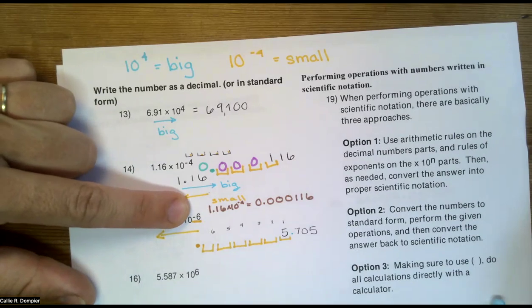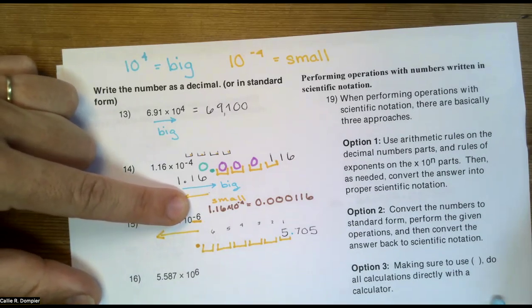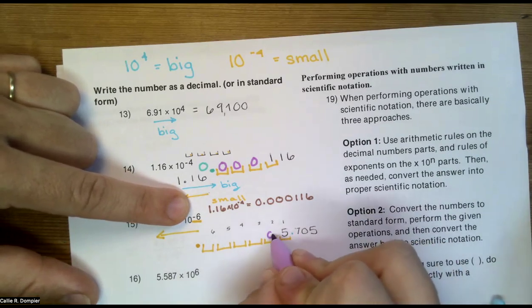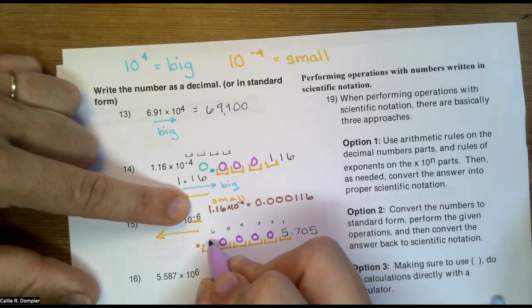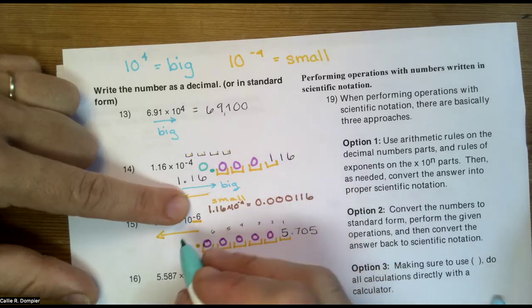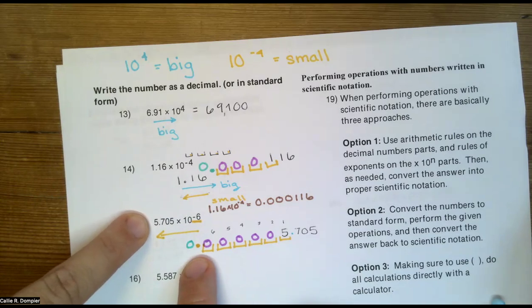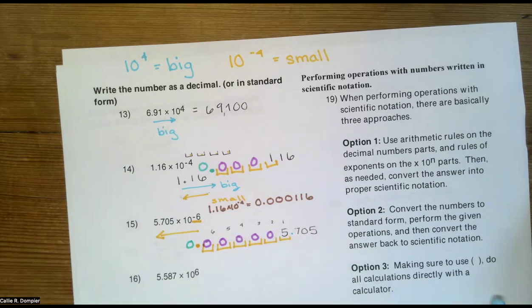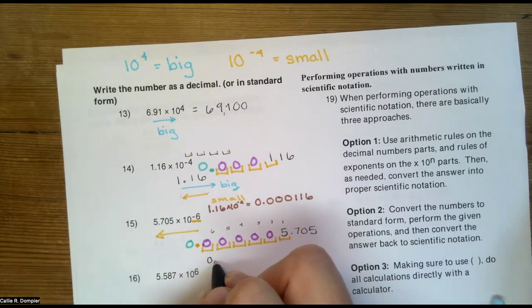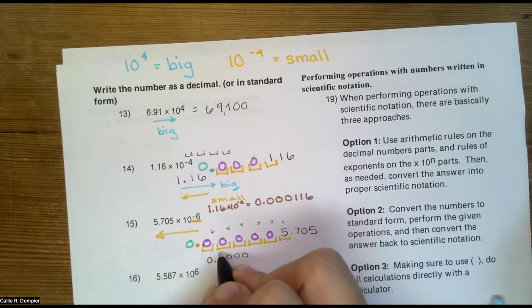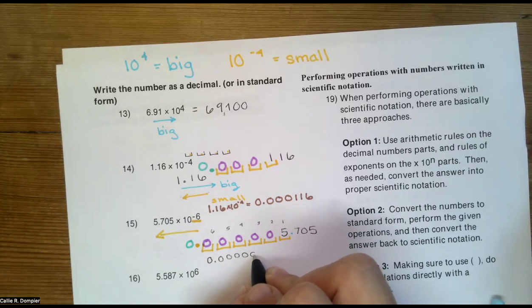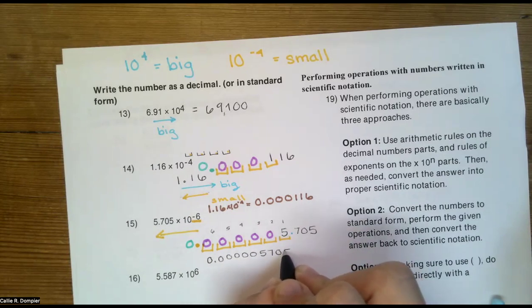So that's those 6 exponential values covered. Put it right there. So those all become zeros. And don't forget that you need a zero in front of a decimal point. So 5.705 times 10 to the negative 6 becomes 0.000005705. Rewrite it.